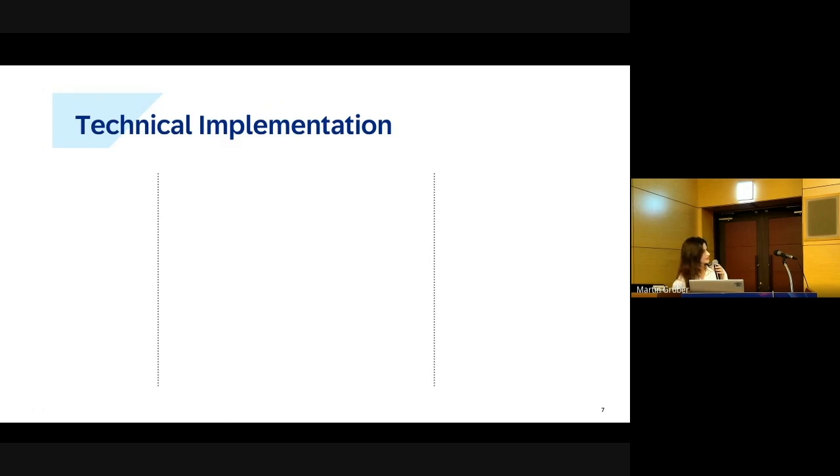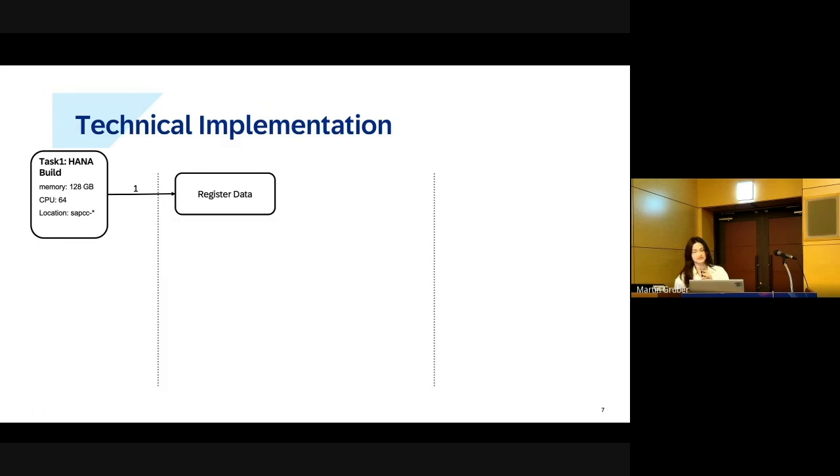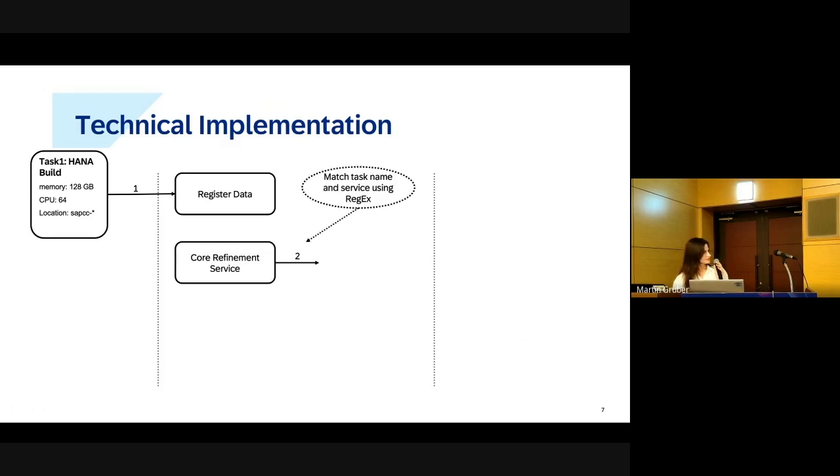Now let's see more about the technical implementation of this orchestration service. We built it as a microservice based on the FastAPI framework that intercepts the data from the scheduler, and data is registered in the service, and then through background tasks we put it in the database, and then it is sent for refinement.